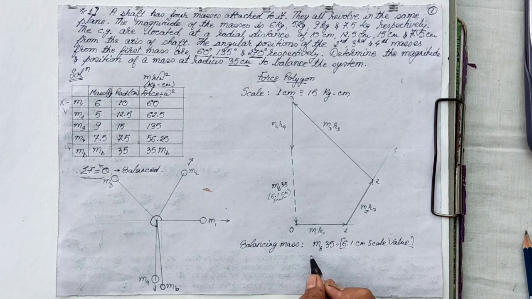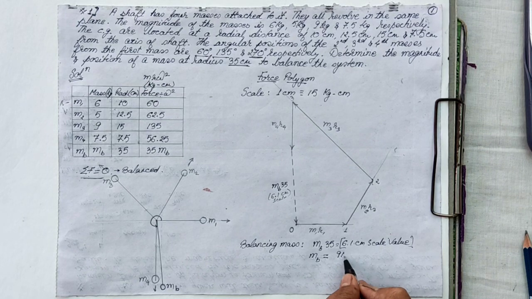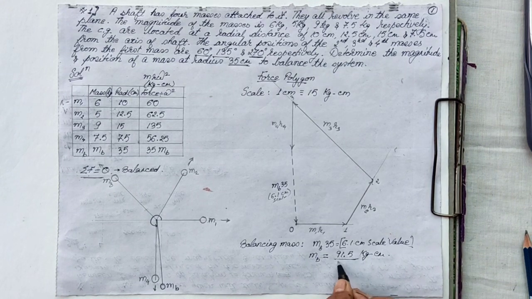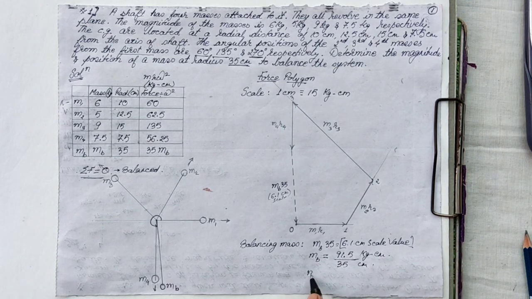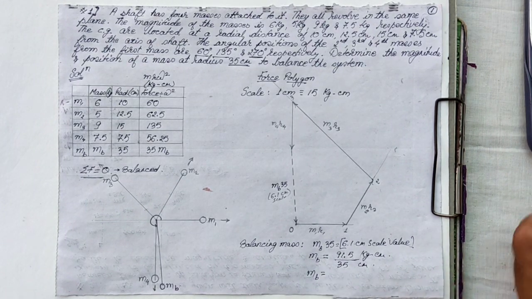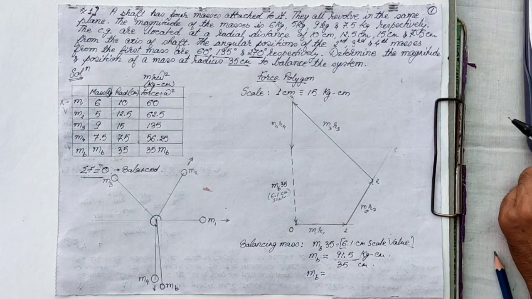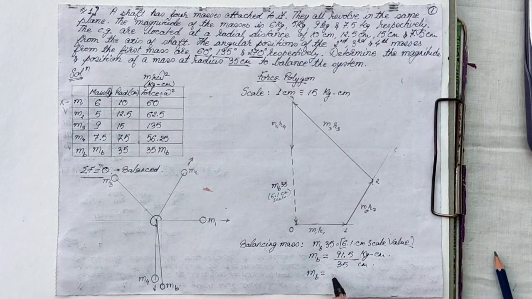So MB comes out to be 91.5 kg centimeter divided by 35, this is in centimeter. So MB, the balancing mass, comes out to be 2.61 kg.